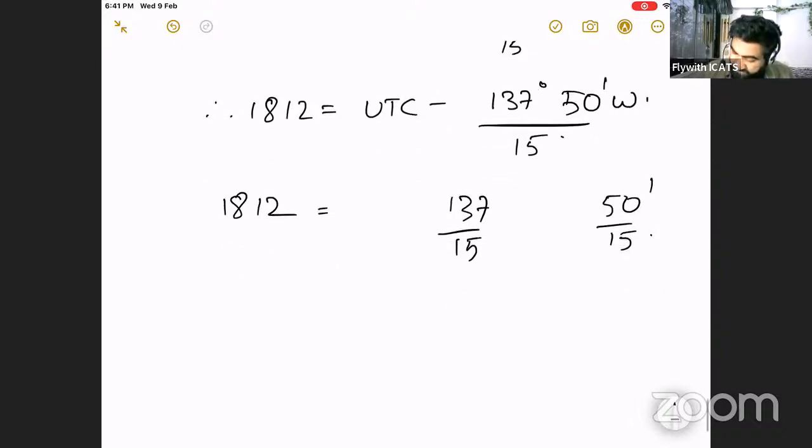So 137 divided by 15 is giving me 9 hours, and what I'm getting is 9.13.